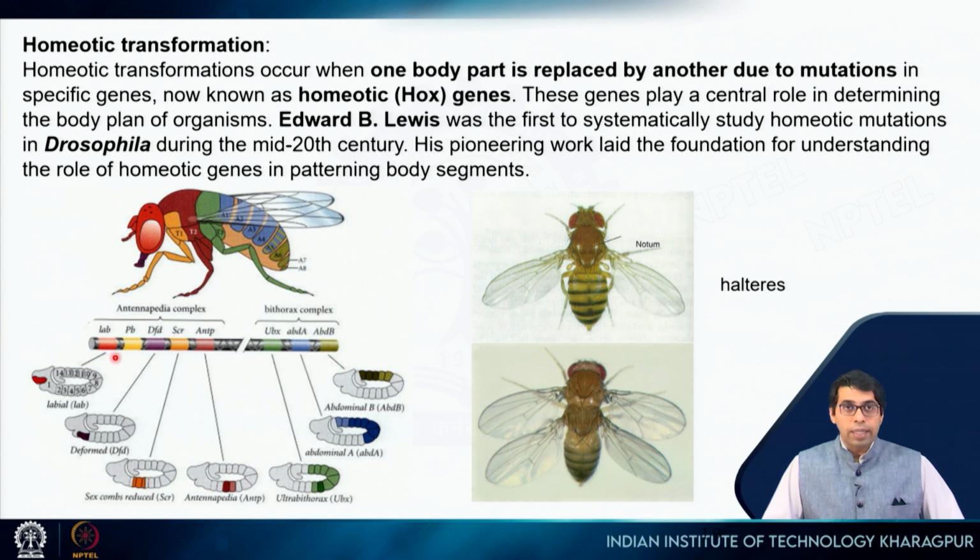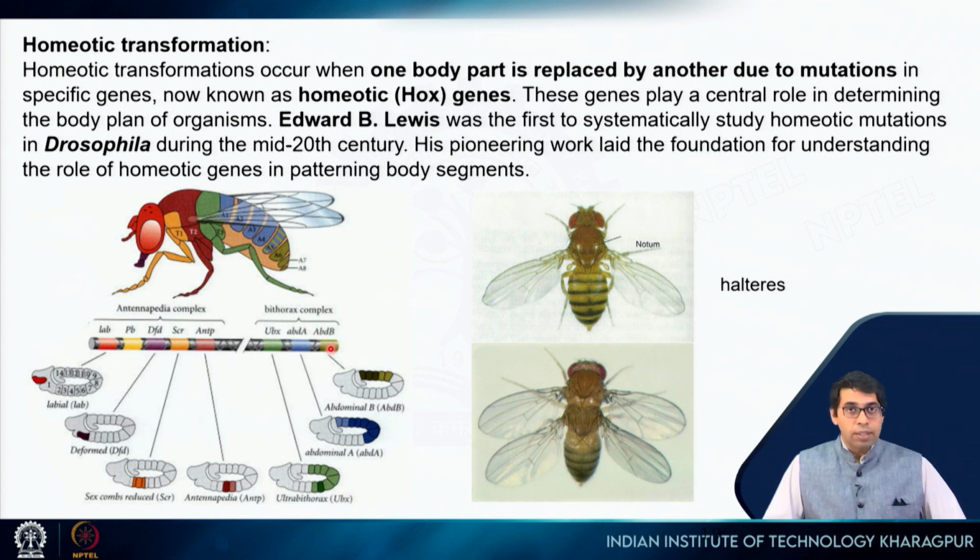Each of these genes regulates the development of each of these segments in the body of the Drosophila. Now these genes are also present in us and they do exactly the same in us also. So this gene is responsible for the development of the head, and so on and so forth, right?